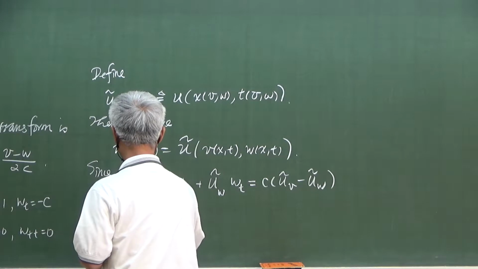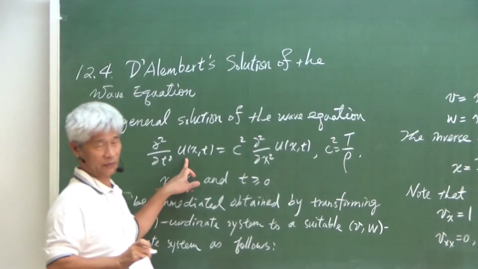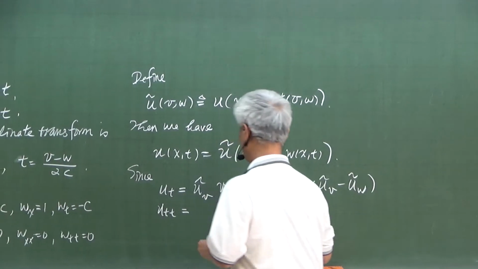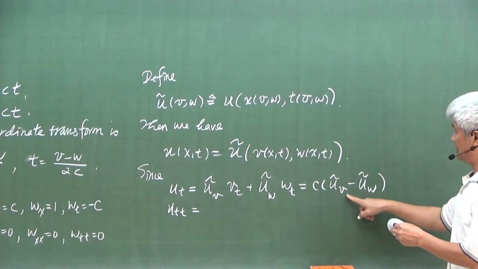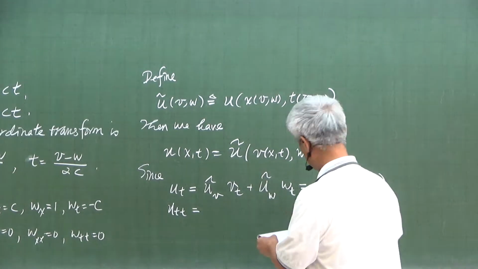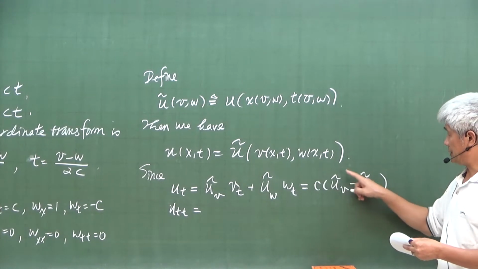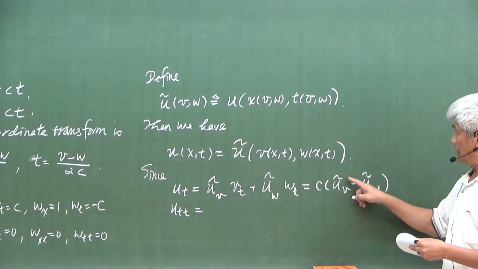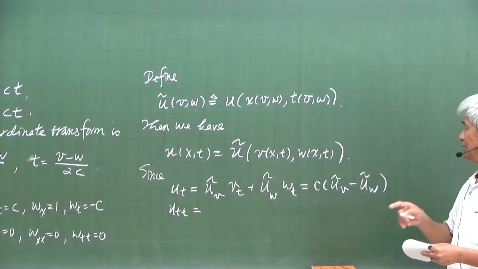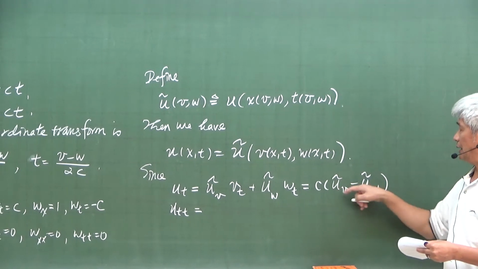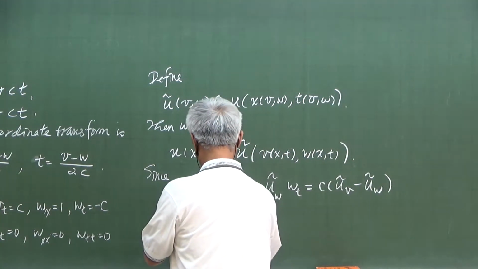How about u_tt? Because it appears here, right? It's the second partial derivative of u with respect to t. So again we know the partial derivative; this one is also a function of v and w, and because v and w are functions of x and t, this one is actually a function of x and t, and so we have c here.